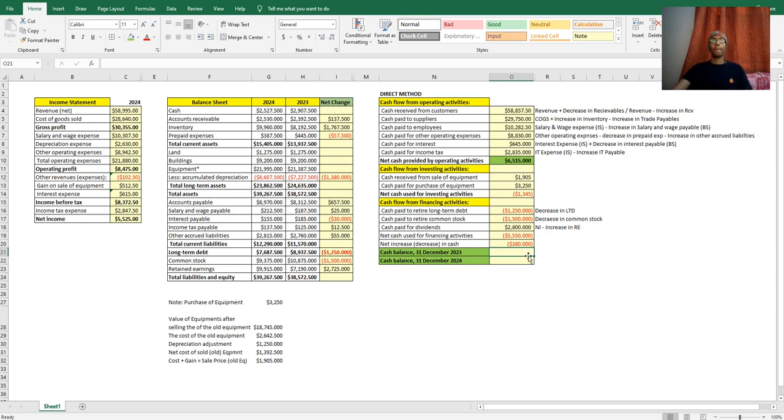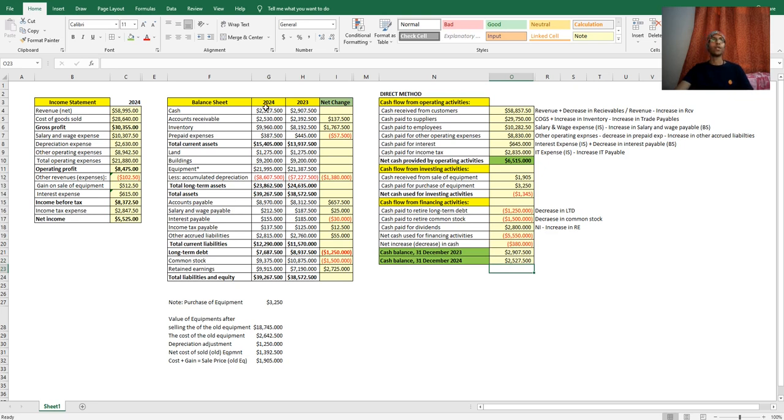So let us calculate if the change in cash also reflects that. If this number reflects that, we have done all the calculations rightly. So initial cash is 2907. Final cash is equal to the initial cash plus the reduction of the cash.